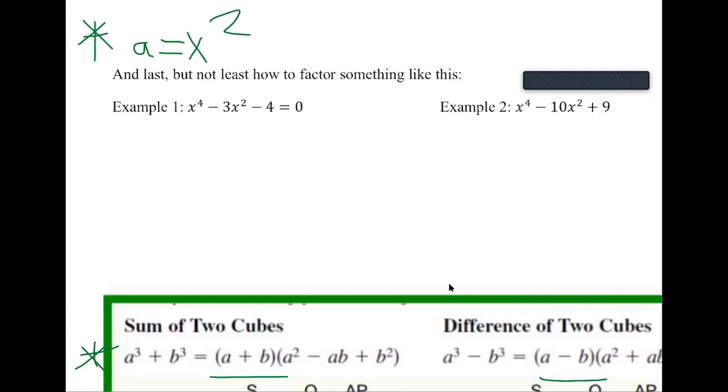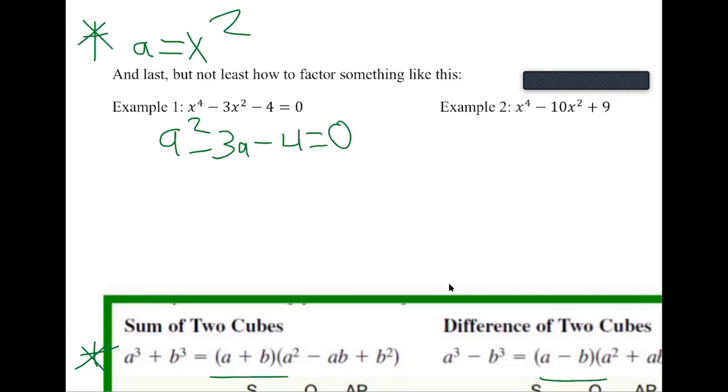If I let a be x squared, I could rewrite this problem as a squared, because x squared to the second power would be x to the fourth, minus 3a, since a is x squared, minus 4 equal to 0.